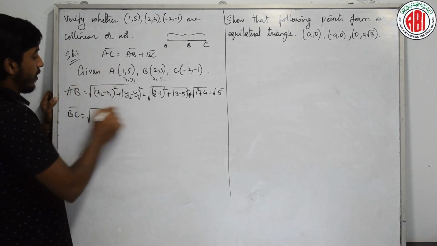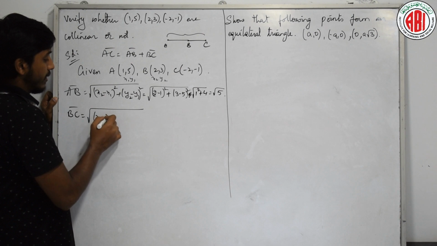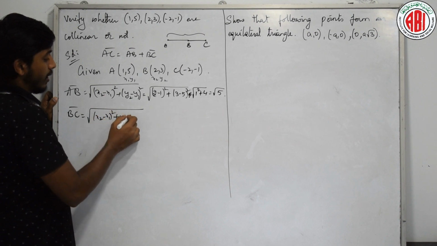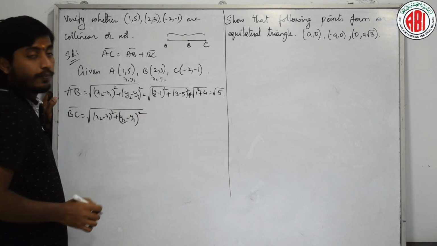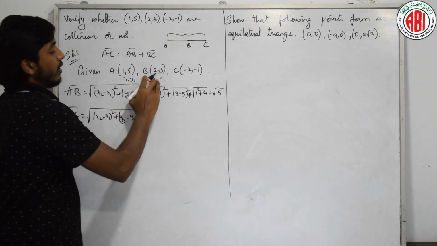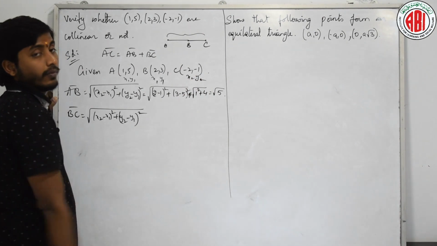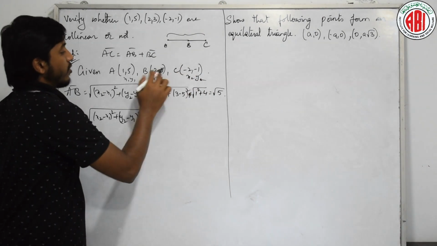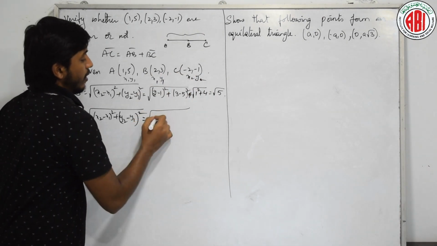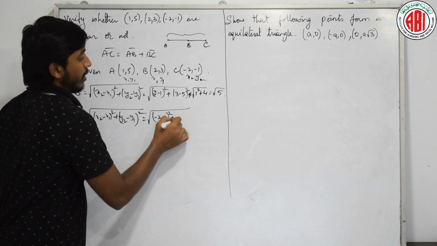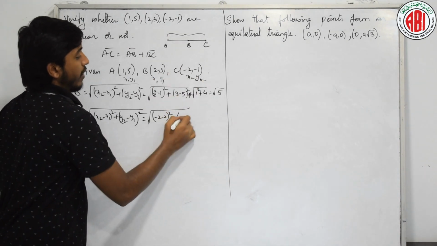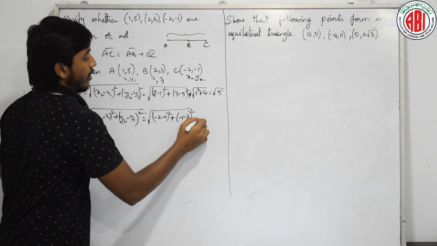Okay. Now look, what will we do next? The formula for BC is the same: (x2 minus x1) whole square plus (y2 minus y1) whole square. This will be x1 y1 and here x2 y2. Same: x2 minus x1 is minus 2 whole square, plus y2 minus y1, minus 1 minus 3 whole square.